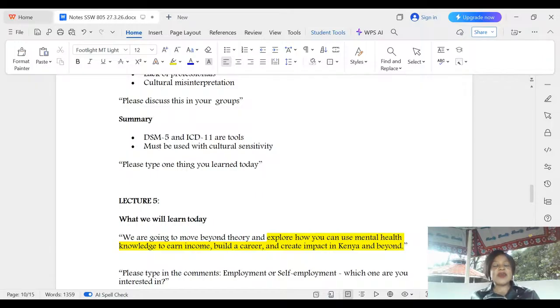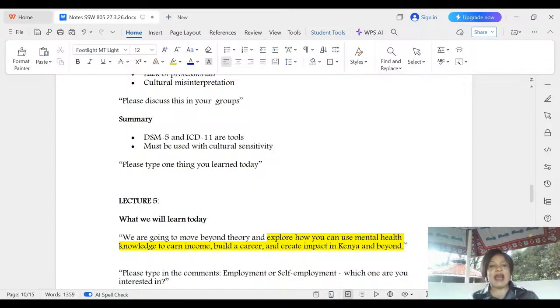Okay, it can assist you move higher or develop in your career. It can assist you earn additional money. Okay, it can grow your networks. So it's not just having knowledge for the sake of having knowledge, so that you don't just have this course in your transcript, mental health and illness, and it's not adding financial value to you.